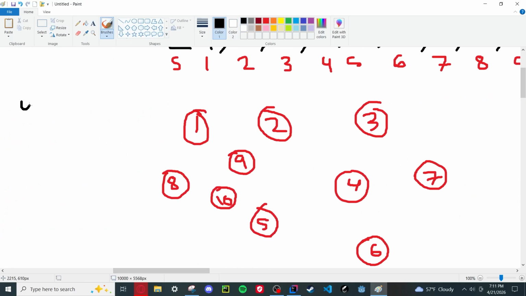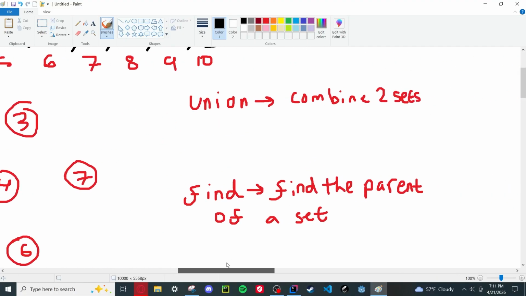So I would like to do the operation of union 1, 8. Let's break down the steps of union. So step 1, find elem1's parent. And then we want to find elem2's parent.